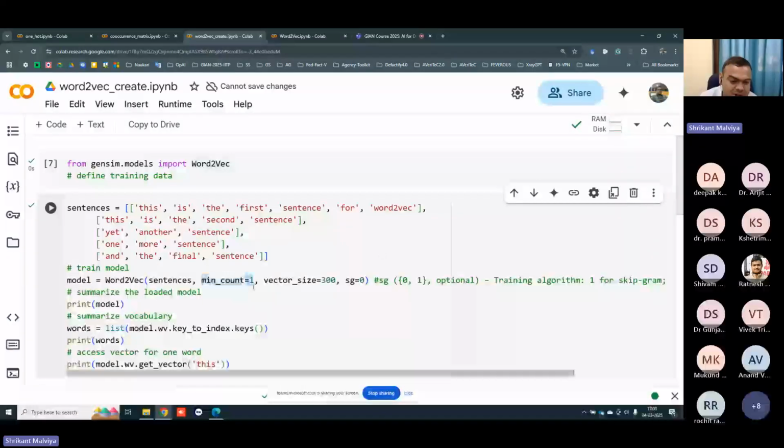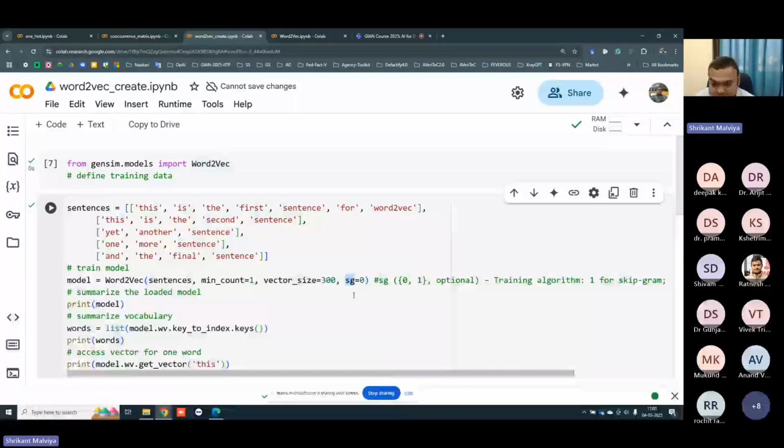If you set the minimum count to 10, it will consider only words that come at least 10 times in the corpus. And vector size means the length of the vector you want at the end for each word. If you set it to 300, for each word it will generate a word vector of 300.